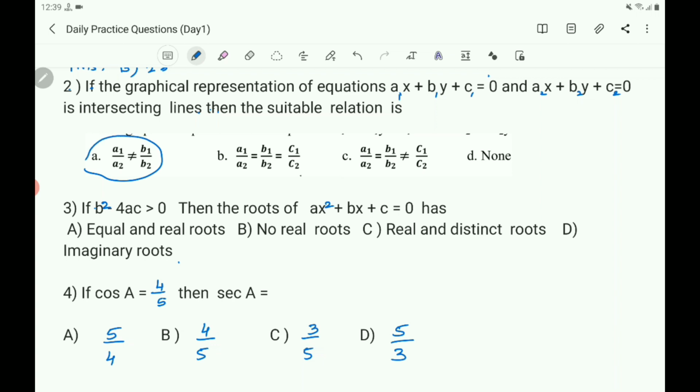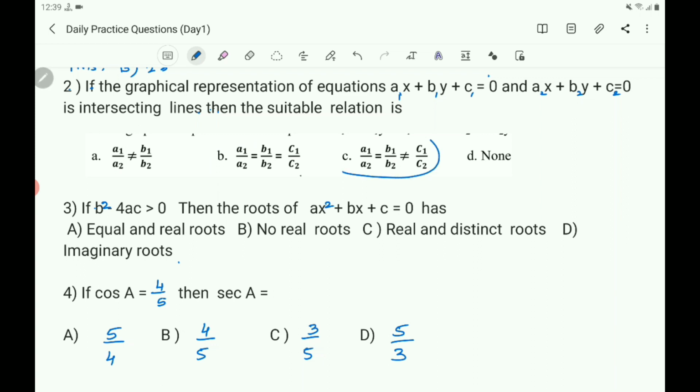a1 by a2 is not equal to b1 by b2. You know that if a1 by a2 equals b1 by b2 equals c1 by c2, the equations have infinitely many solutions. They are coincident lines.